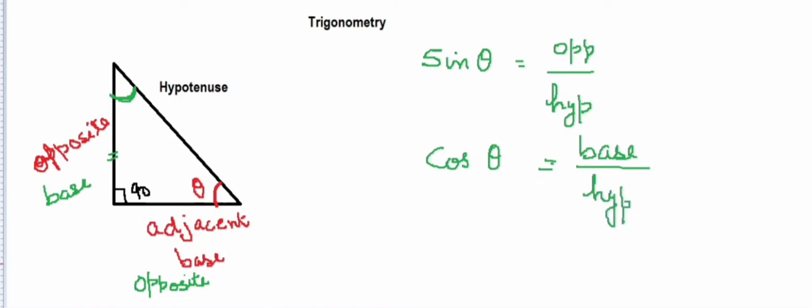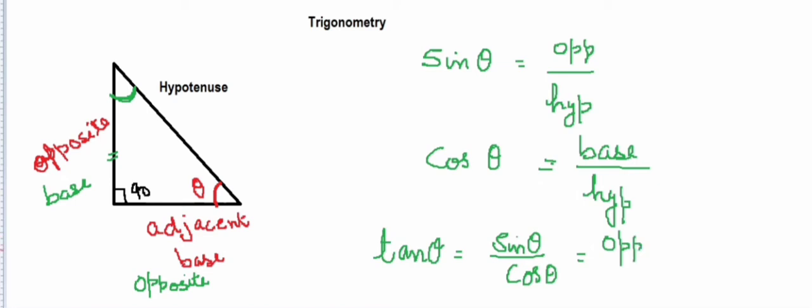Now we have third, tan theta. Tan theta is your sine theta upon cos theta. When we divide the above 2, we get tan theta. If you divide, you can see that hypotenuse cancels out, and I get opposite upon base. So tan theta is also termed as your opposite upon base.